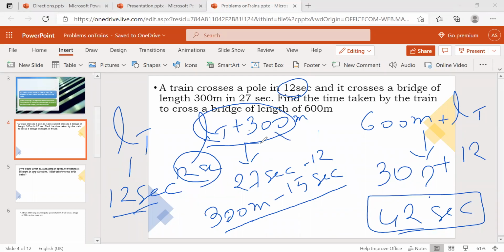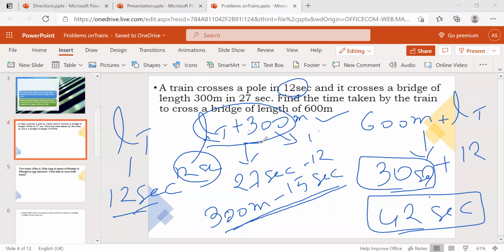only the 300 meters time. How much time will it take to travel 300 meters? 15 seconds. See, 15 seconds. If you know 300 meters takes 15 seconds, what they're asking is 600 meters. 600 meters is nothing but 30 seconds. What's this 30 seconds? Only crossing the 600 meter bridge.